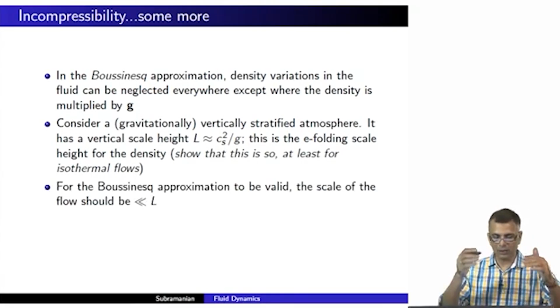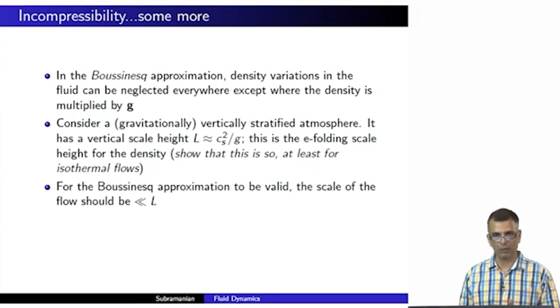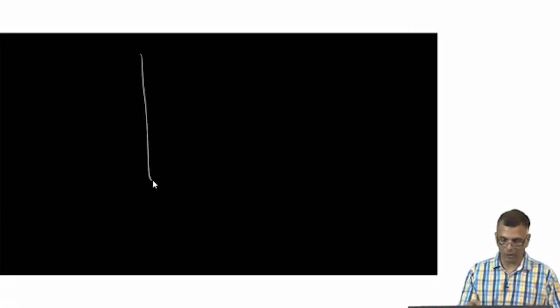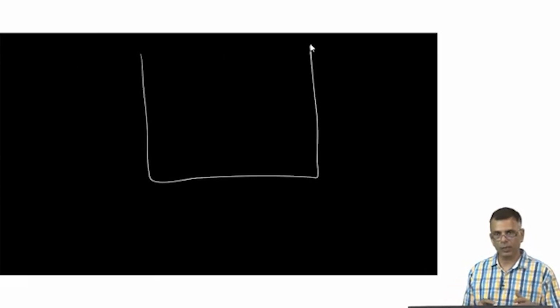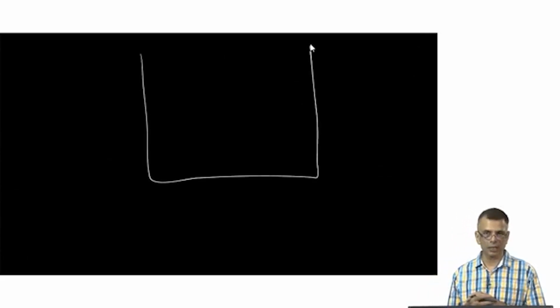Okay. For instance, consider a gravitationally vertically stratified atmosphere, which is vertically stratified due to gravitation. An example, for instance, would be a container of fluid where the fluid is a mixture of various densities. Okay, oil, water, various other things.